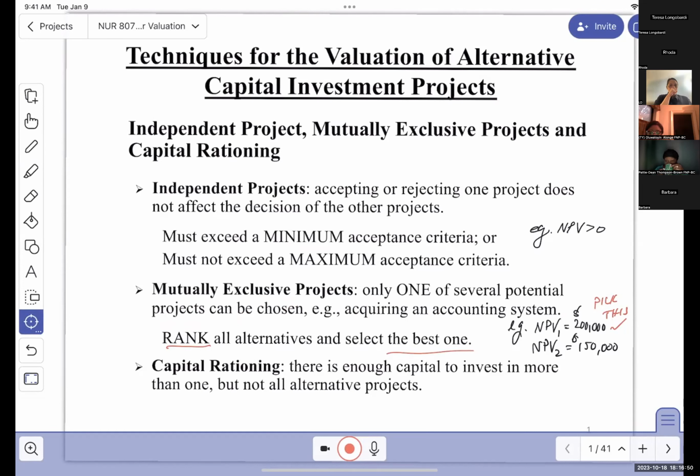So the MRIs, the clinic, maybe some telemedicine, a wing or something like that. You want to calculate the NPV of all of those, but then you can only pursue those that are within the $3 million budget. So you can do more than one, but you have a budget that restricts you. This is the most realistic, right? Capital rationing: you have a budget and you can invest in more than one, but not all.